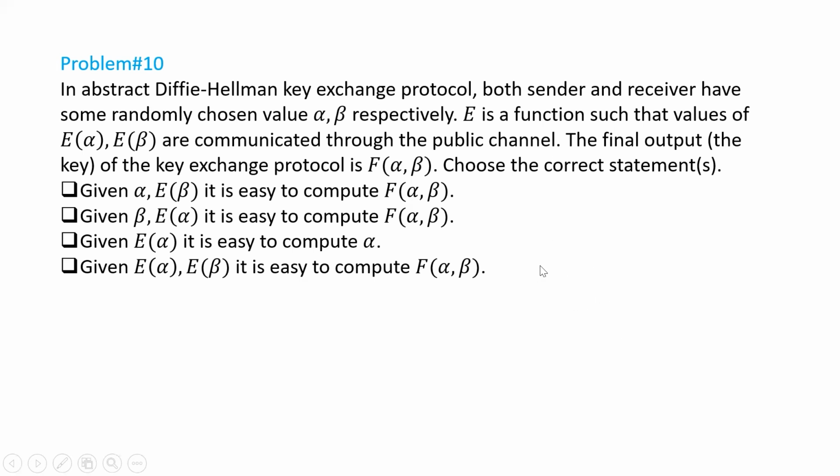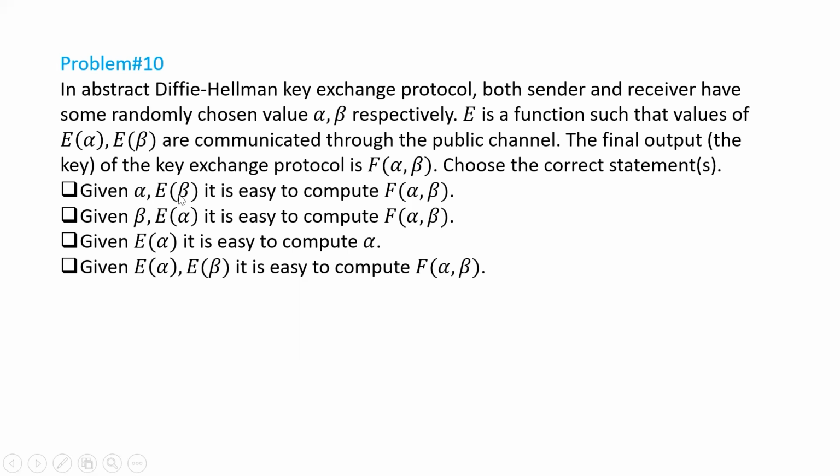So using E of alpha and the randomness beta of its own, it computes f of alpha beta, and both of them output f of alpha beta as the final key. Now, of course, if it has to compute f of alpha comma beta, the job of the sender should be easy with the help of these two pieces of information, alpha and E of beta.